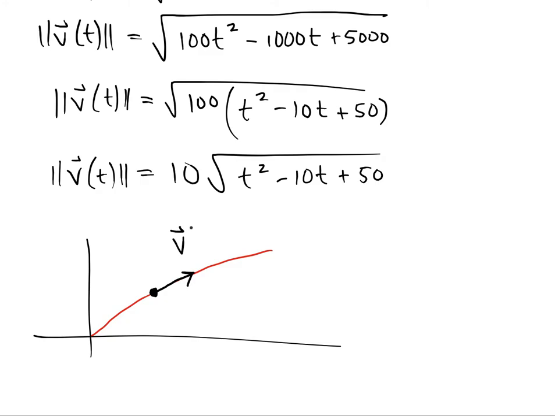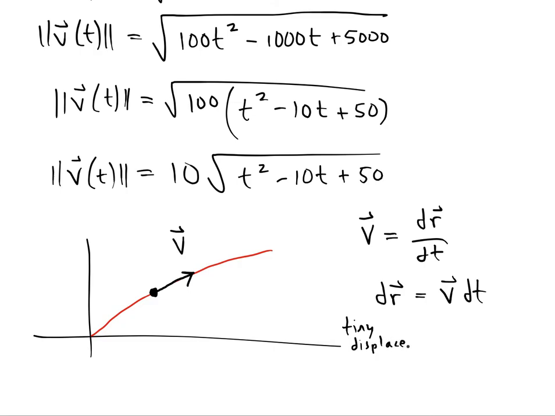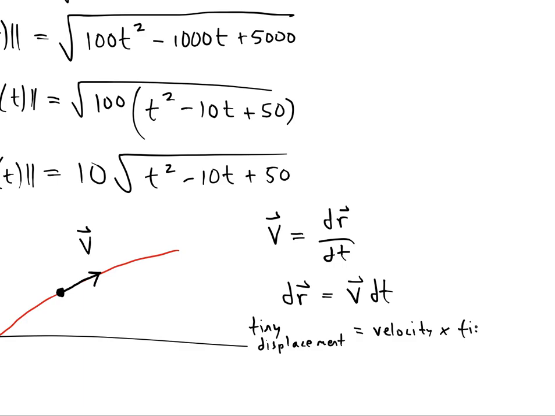Let's say that's v, and then v is dr over dt. If you rearrange this, you get that dr equals v times dt. What it says is a tiny displacement equals the velocity times a tiny time.